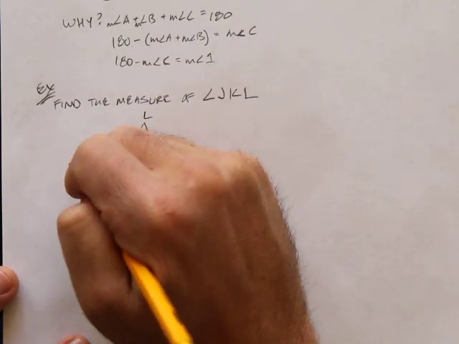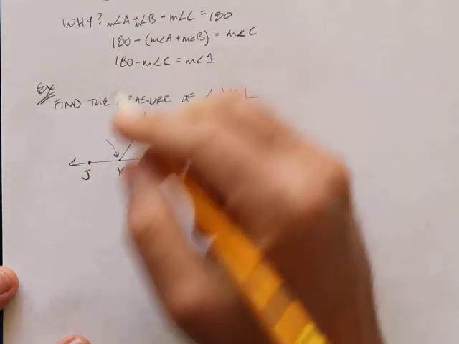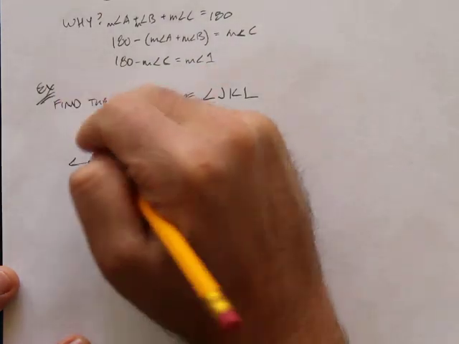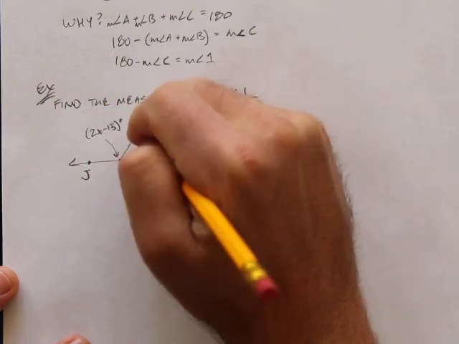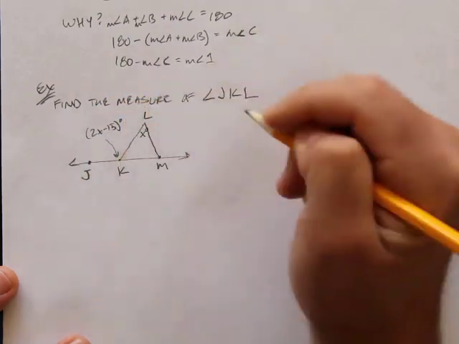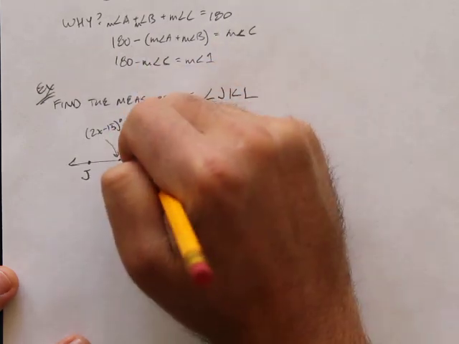This point over here is J. This angle, JKL, is 2x minus 15 degrees. L is x degrees, this angle here, and LMK is 50 degrees.